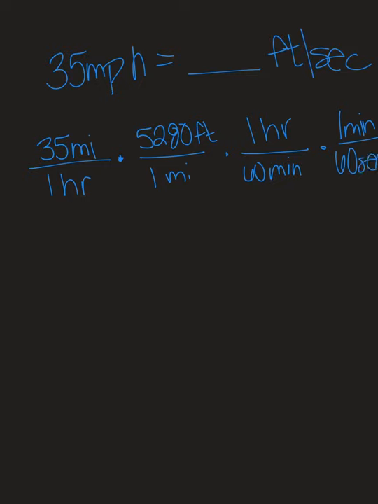And now we'll go through and cancel. So I've canceled my miles. And now I'm going to cancel my hours and cancel my minutes. So now all that you should see left here is your feet over seconds. We're going to do the same thing we were doing, multiply the numerators and then multiply the denominators and finish with division.